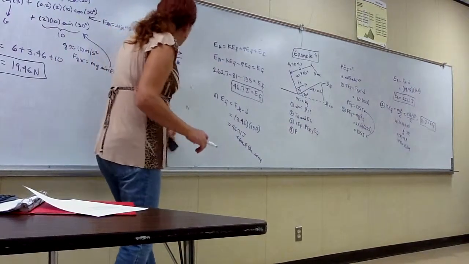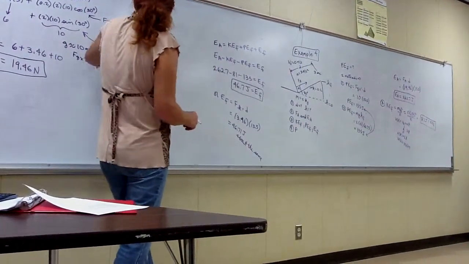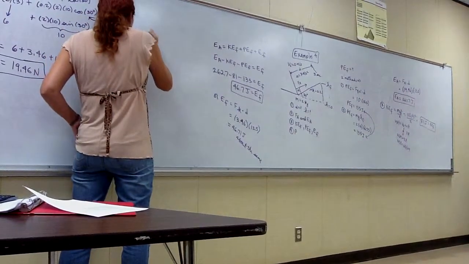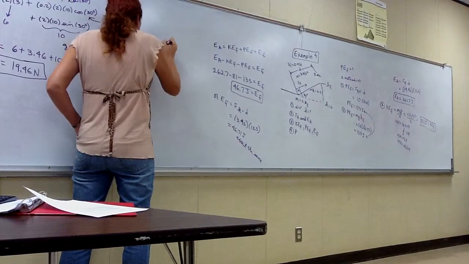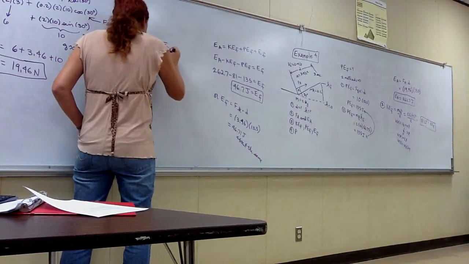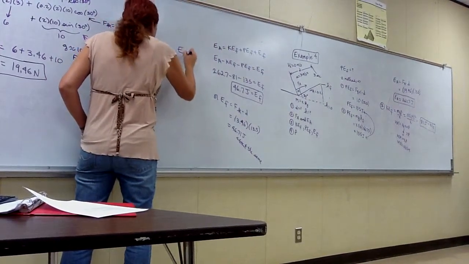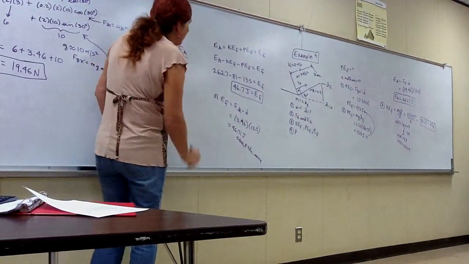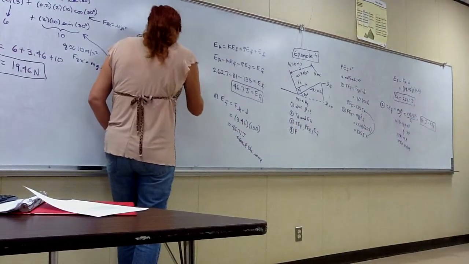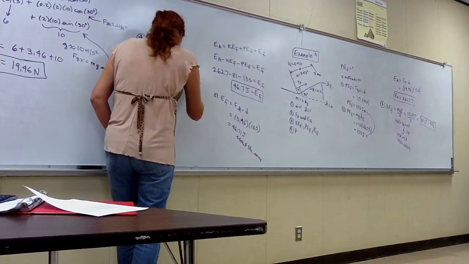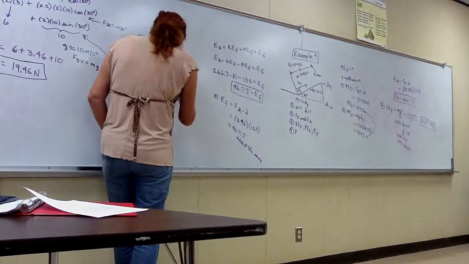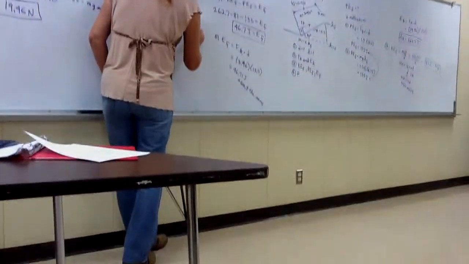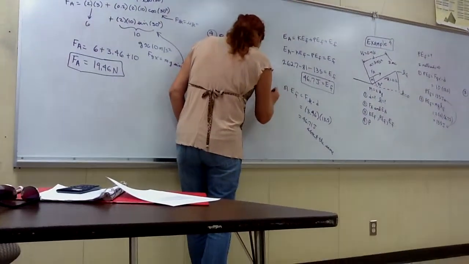Okay, so the last one, the power, that's going to be E over T. In this case, that's the energy that the applied force applies divided by T. So we have, what is that, 262.7 divided by 3. Okay, cool, 87.6. Okay, so 87.6 joules per second, or watts. That's the average rate at which energy is delivered.